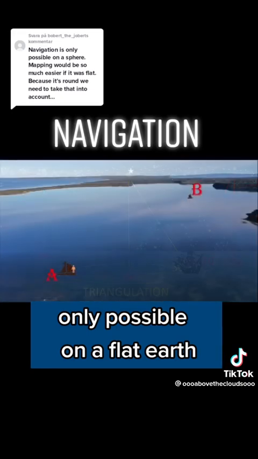Let's use this small scale example on Lake Woolloomboola. Instead of a drone, we're going to use a star. So if observer A measures an angle to the star, and observer B measures an angle to the same star, both angles are the same, 30 degrees.